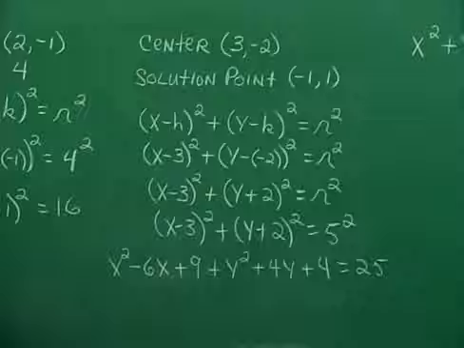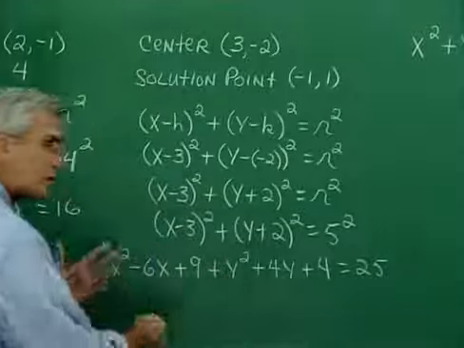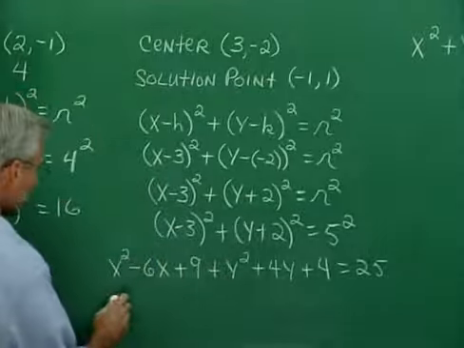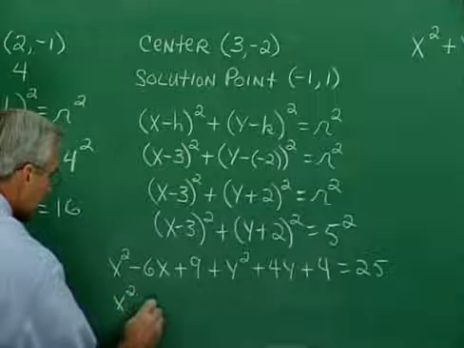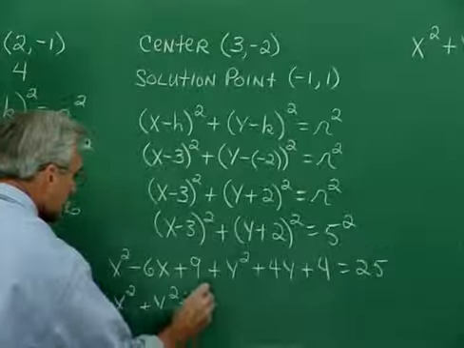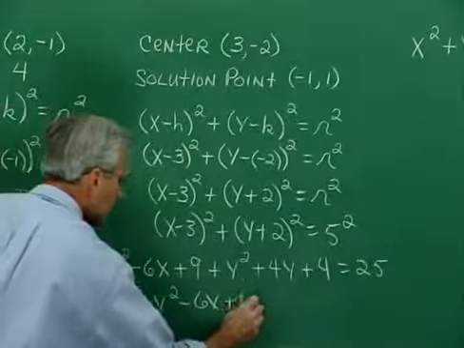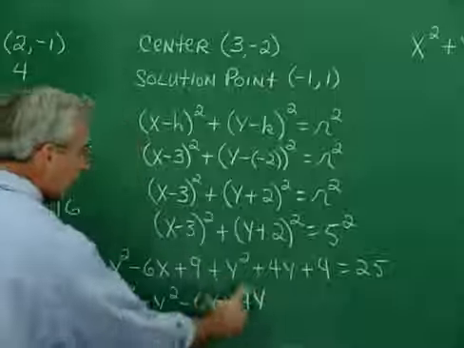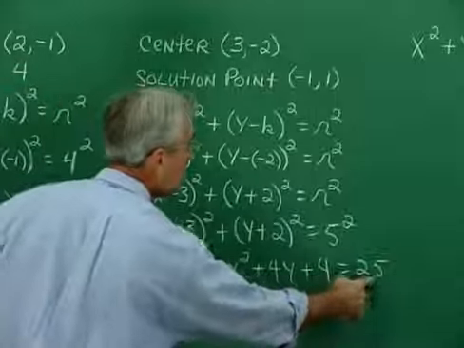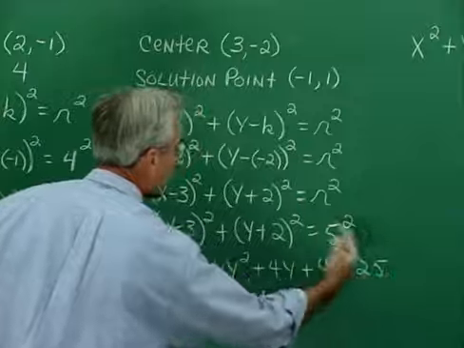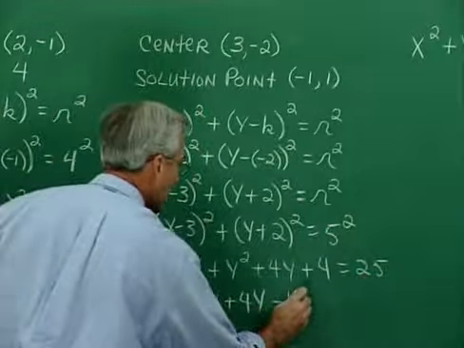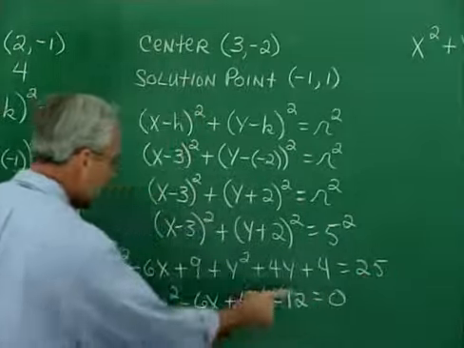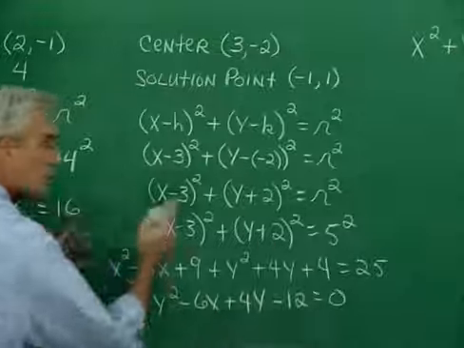And then we could throw all the terms on one side, rearrange a little bit. We could have the terms that are squared written first, kind of like this, and then minus 6x, and then plus 4y, and then the 9 and the 4, that's 13. But if we move the 25 over to the left, we'd get -12 equals 0. So here's the general form of the same equation.